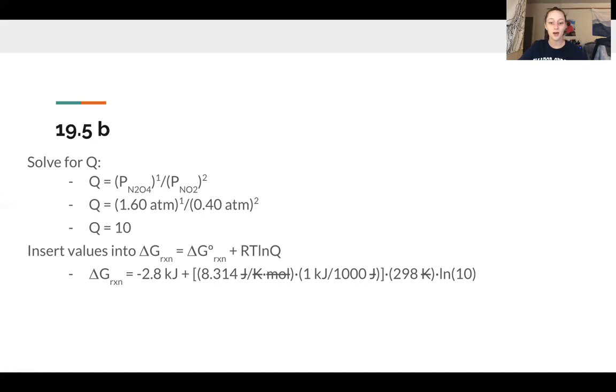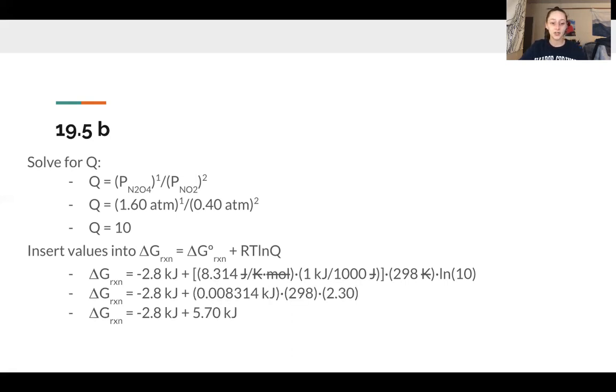So you multiply that by 1 kilojoule divided by 1,000 joules. Then you multiply that as well by 298 Kelvin, which is T, and ln of 10, which is Q. You simplify these, and eventually you end up with positive 2.9 kilojoules for delta G of reaction under non-standard conditions.